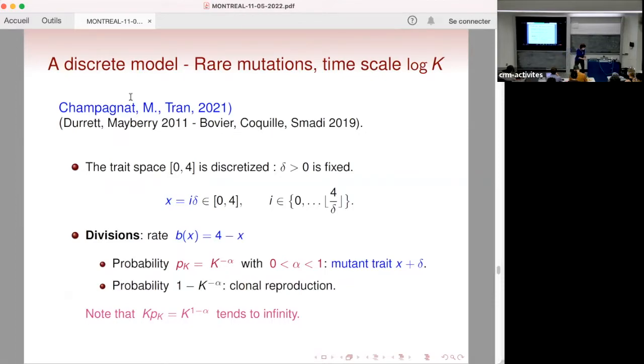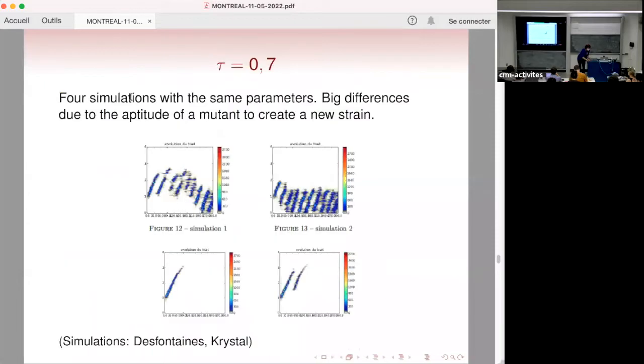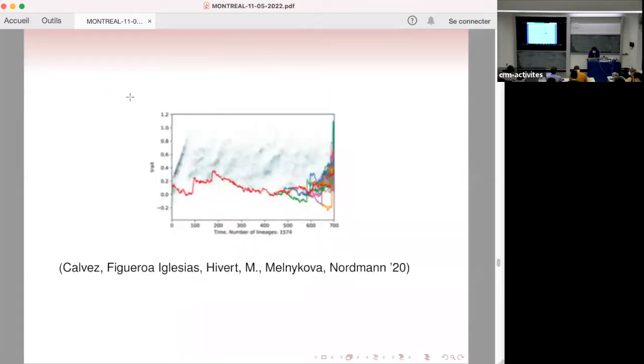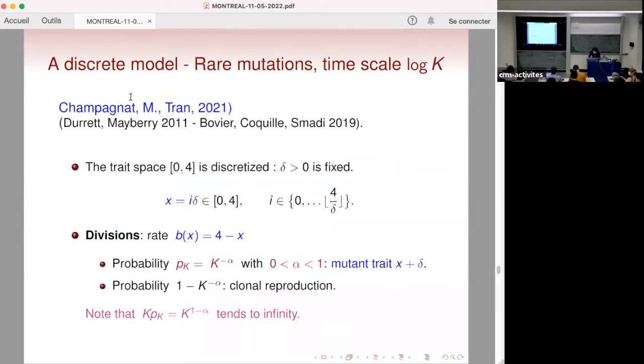The idea is to be in a scenario where we have an optimal trait at 0, which will be the initial condition, and we try to understand how this second strain appears.